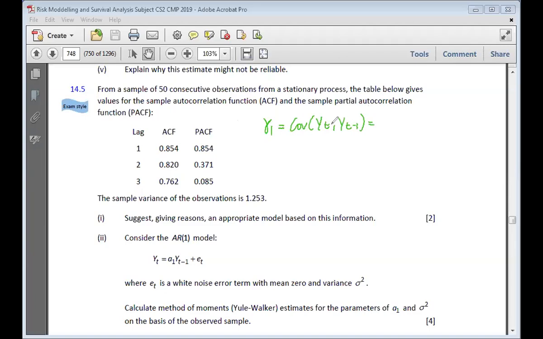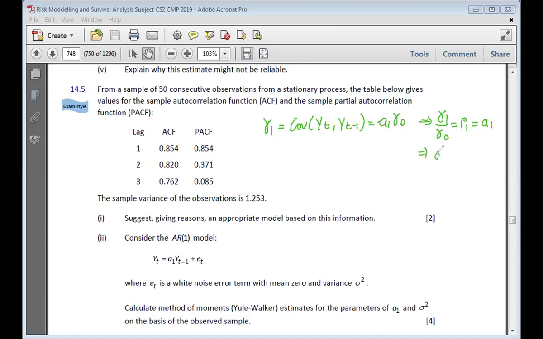I'll substitute for yt this expression, and the answer I'm going to get is A1 gamma 0, which will imply that gamma 1 upon gamma 0, which is nothing but rho 1, is the value for A1.